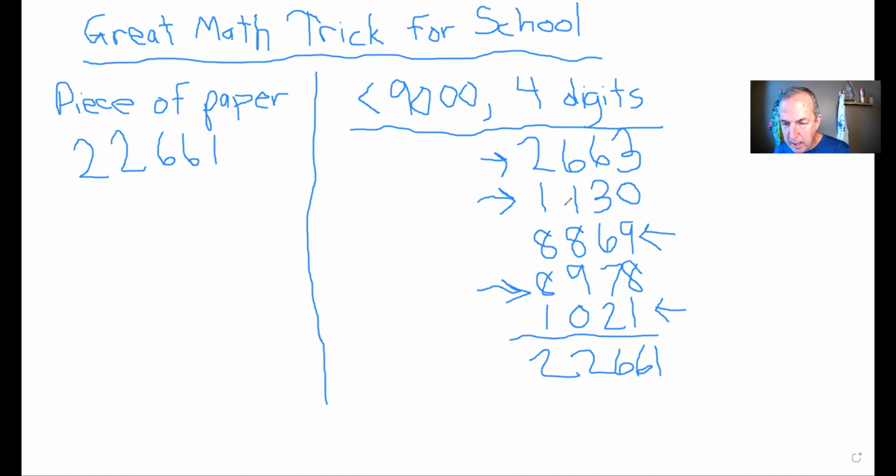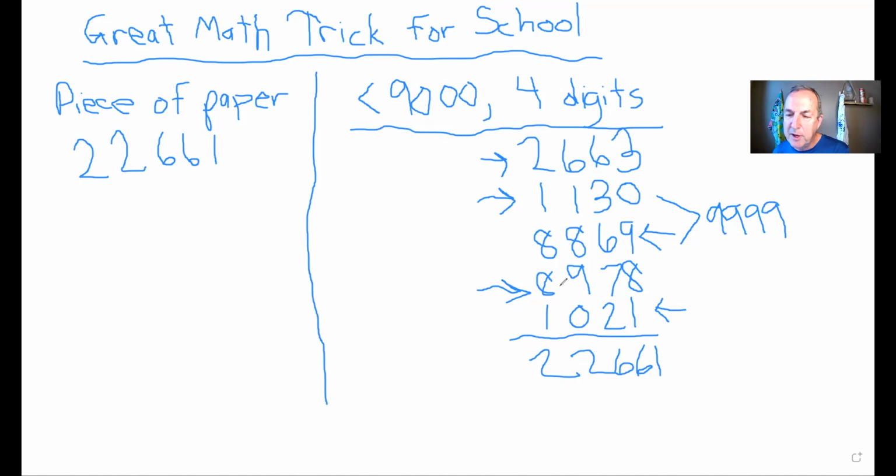8 and 1 is 9. They wrote down 1 here. 8 and 1 is 9. They wrote down a 3 here. 6 and 3 is 9. They wrote down a 0 here. 0 and 9 is 9. That is a fancy way of saying that those two numbers add up to 9999, right? And I did the same thing down here.